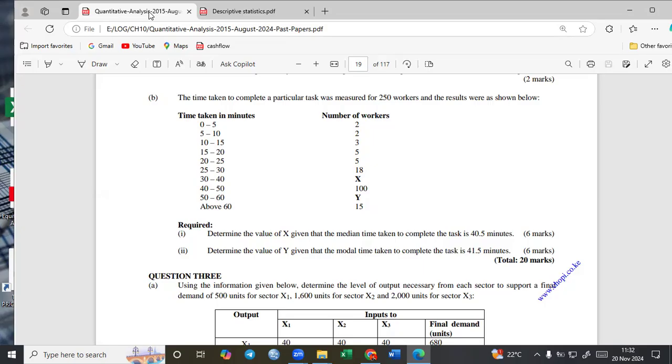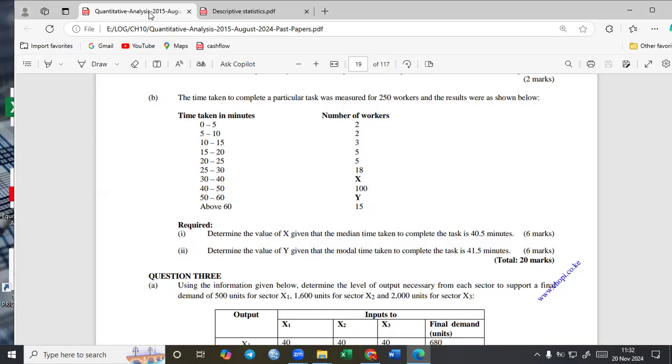We have the time taken in minutes and the number of workers, and we don't have the value of X and the value of Y. Required number one, determine the value of X given that the median time taken to complete the task is 40.5 minutes, 6 marks. Number two, determine the value of Y.